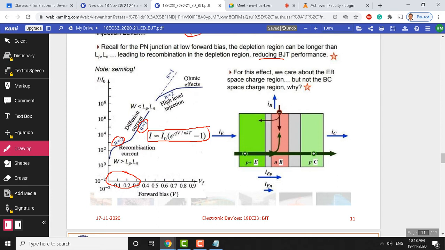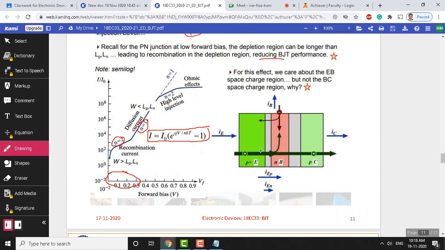That does not happen in the PN junction, because a lot of recombination is expected for N equal to 2. But let us apply this theory to the BJT. When we apply it to the BJT, what we expect here is when there is a low forward voltage.